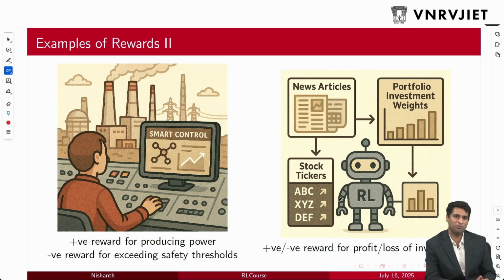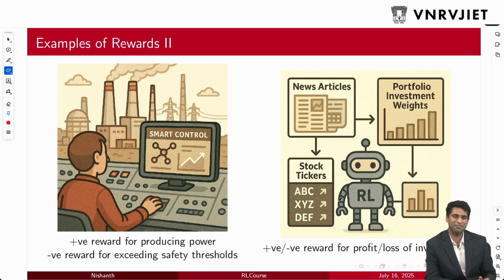Then we can assign a positive reward as long as the power plant is generating power and meeting its demand, and we can assign a negative reward if the power plant is generating too much power and making it dangerous, or it's supplying too little power and there is no power supplied to the end users. This is how we can define a reward function for power plant optimization.